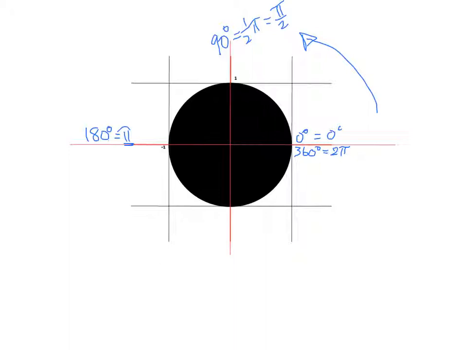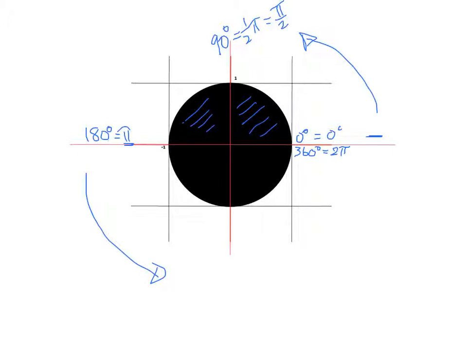We can do the same thing going from 180 around to 360. Now, we need to count, as I said before, from 0, so this is where we count from. So this section here is a half of pi. This is another half of pi, so a whole of pi, or 2 pi over 2.